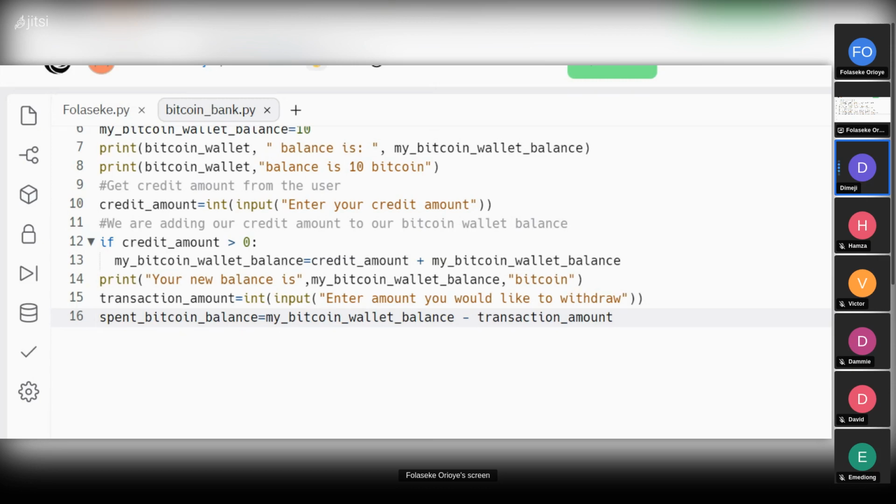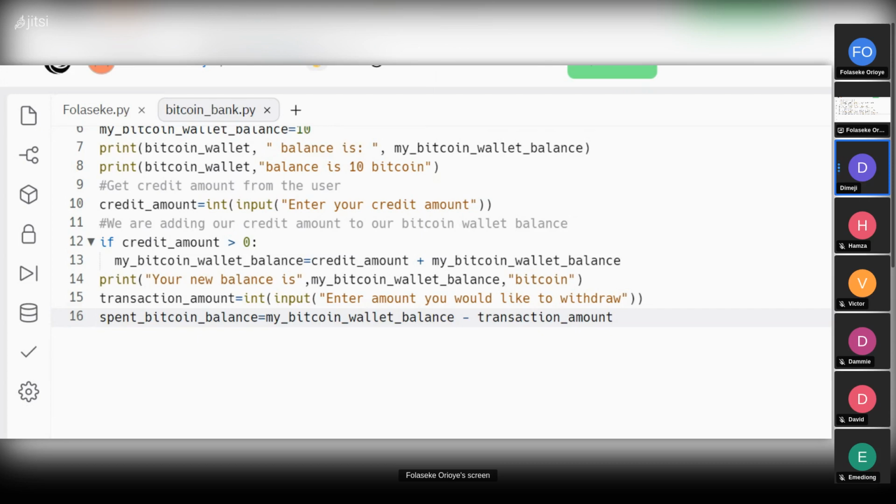When I mean negative values, for example, if you have a wallet that has just 10 Bitcoin in it, and you are trying to credit the wallet with minus 100 Bitcoin, we should not be able to accept that minus 100 Bitcoin. The reason is you cannot have negative money. You cannot have negative Bitcoin.